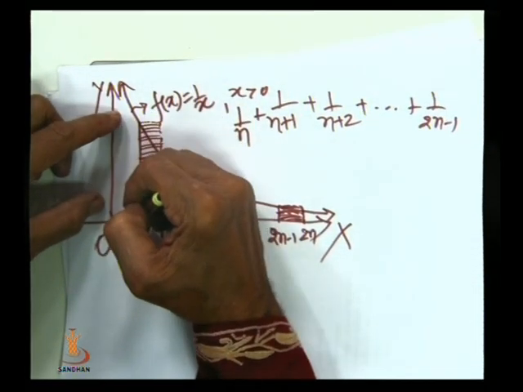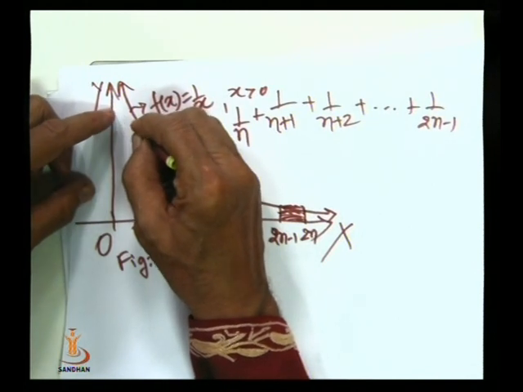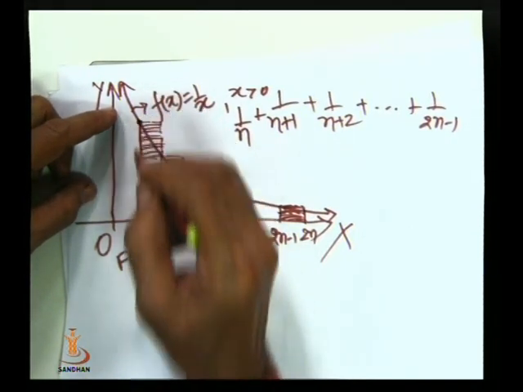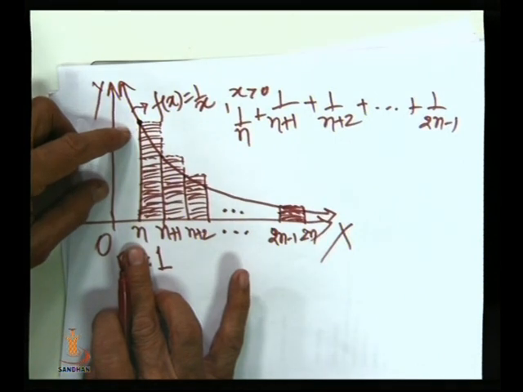The coordinates of these points are n and 1 upon n.